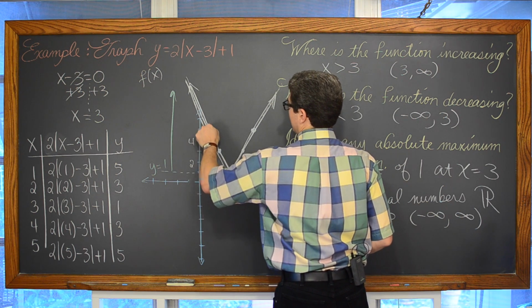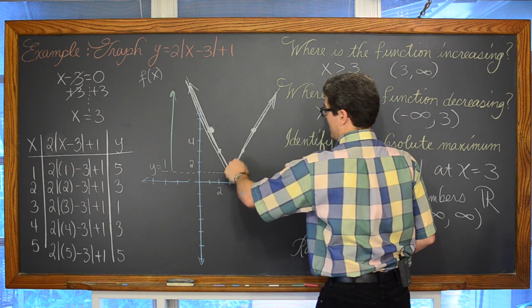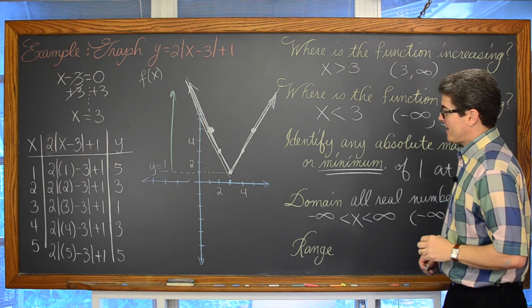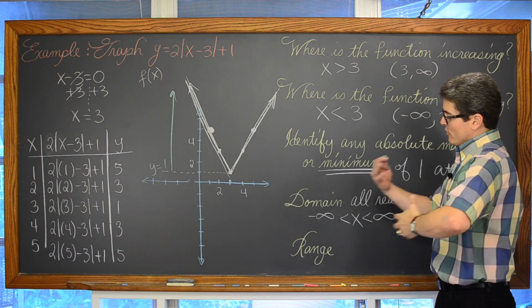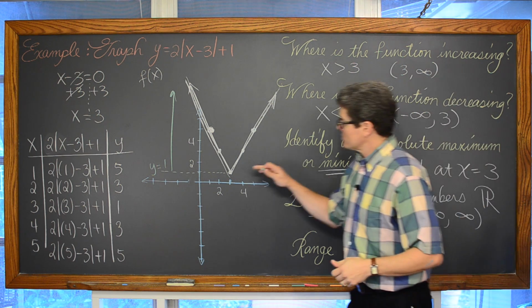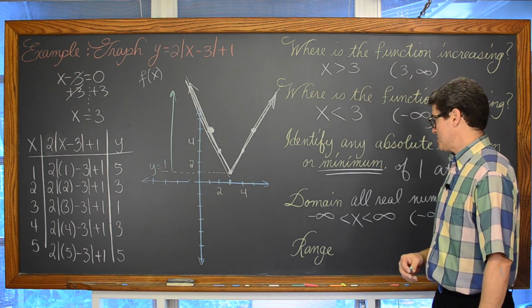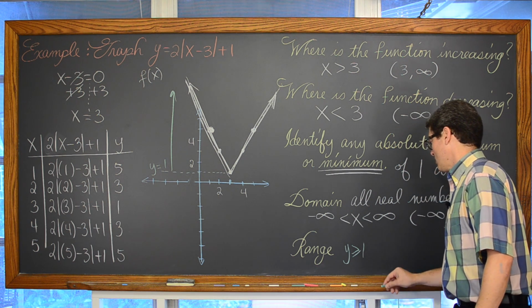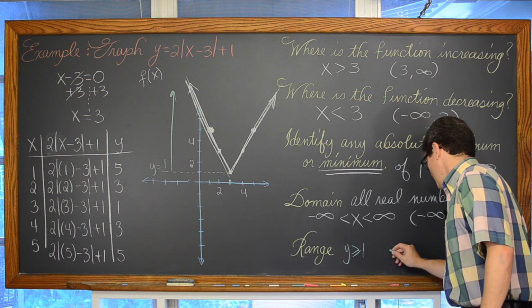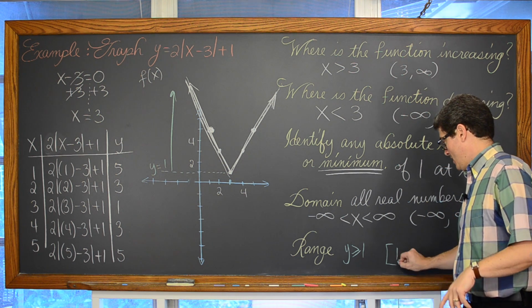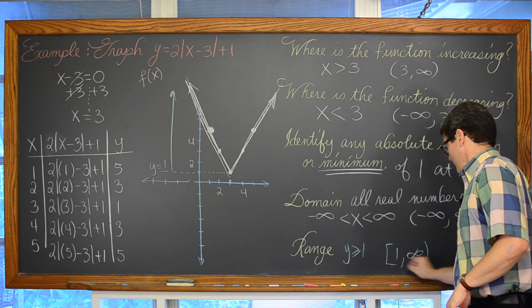All the different y values that are in these coordinates that make up that graph, and there's an infinite number of these coordinates making up that absolute value graph. And the smallest y value included is 1. So the range is going to be y is greater than or equal to 1, or if, again, it's in interval notation, square bracket now because of the equal sign, 1 to infinity.